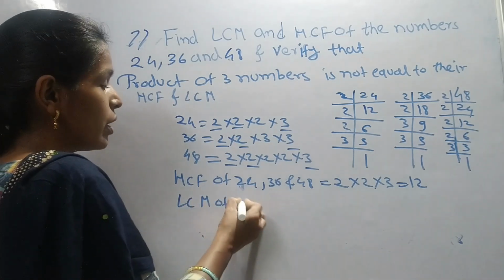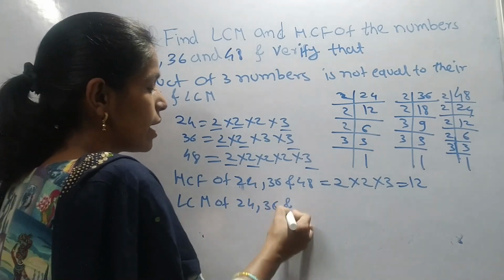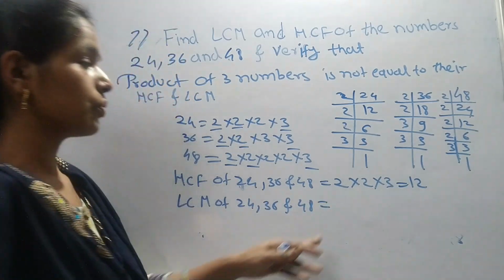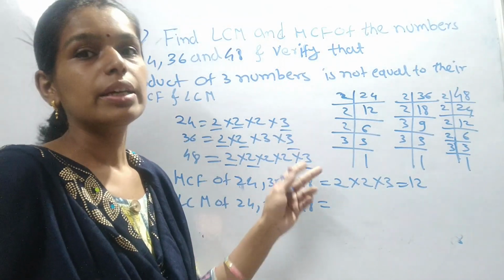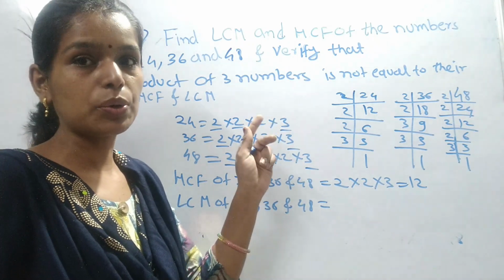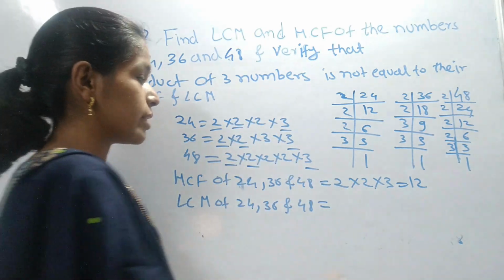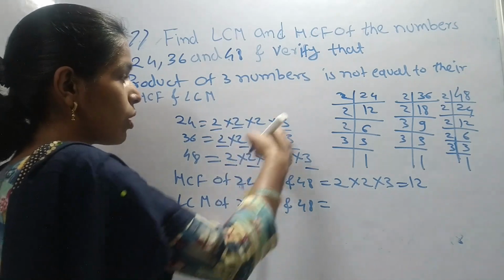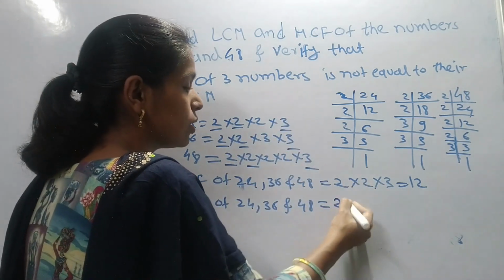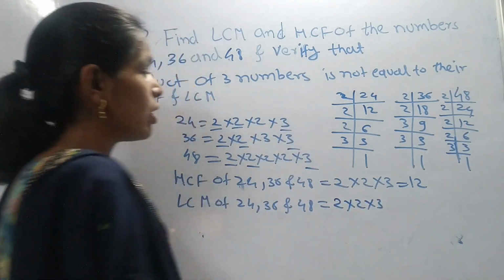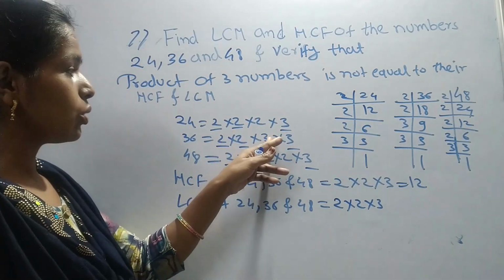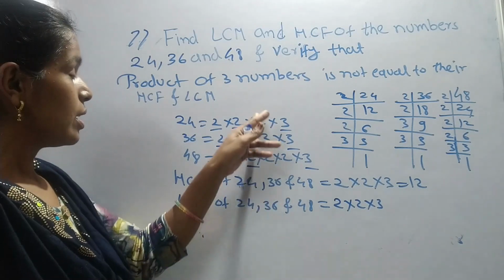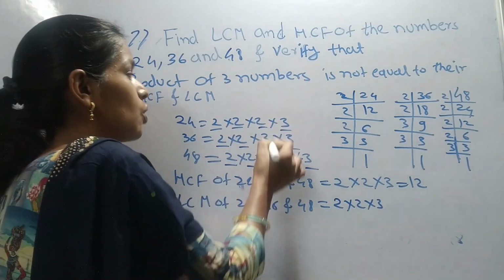Now let's find their LCM. The LCM of 24, 36 and 48 is equal to: to find the LCM, we have to take the common factors from all three, then common factors from groups of 2, and then the uncommon factors. The common factors from all three are 2, 2 and 3. Now common factors from groups of 2: there is no common factor in 24 and 36, there are no common factors in 36 and 48, but 24 and 48 have one 2 common.